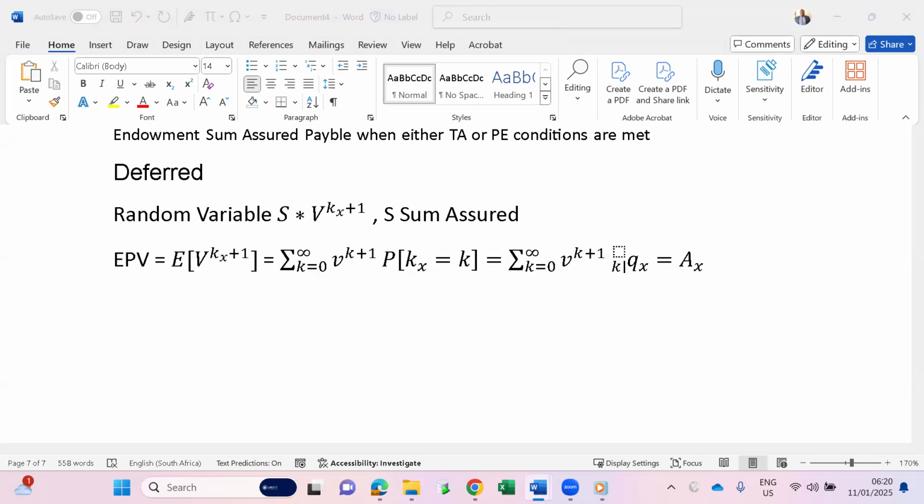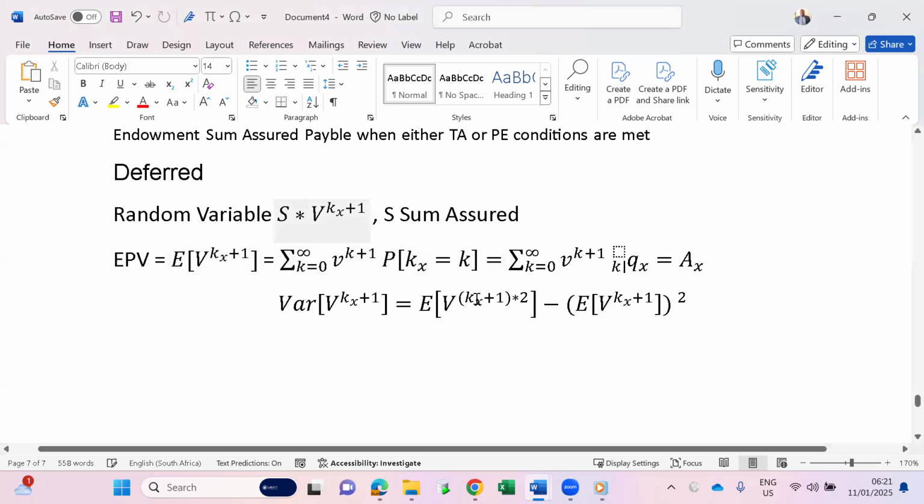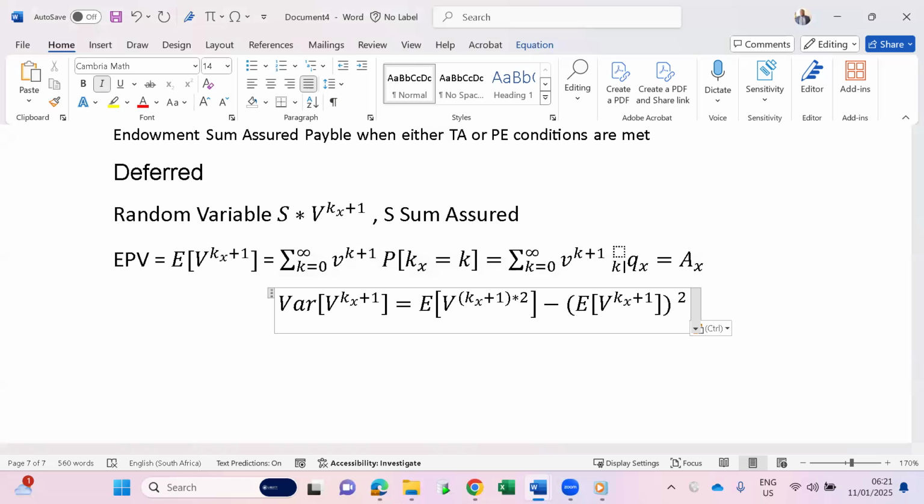The variance of this is the variance definition: E[Z squared] minus the square of the mean. Simple.